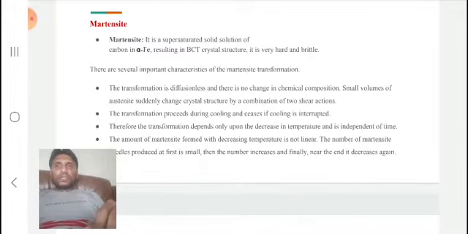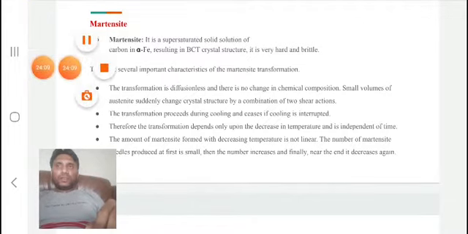So the amount of martensite formed with a decreasing temperature is not linear.